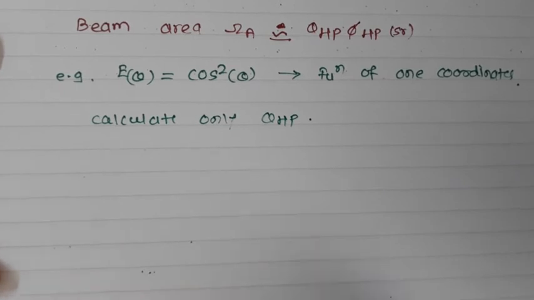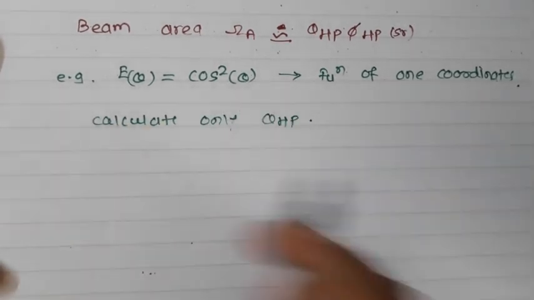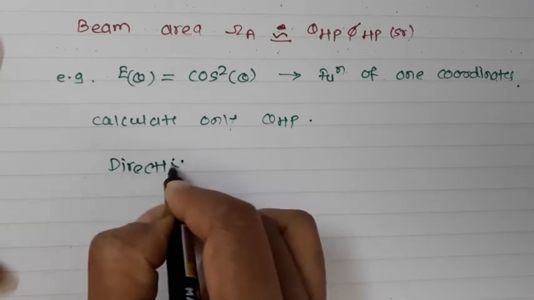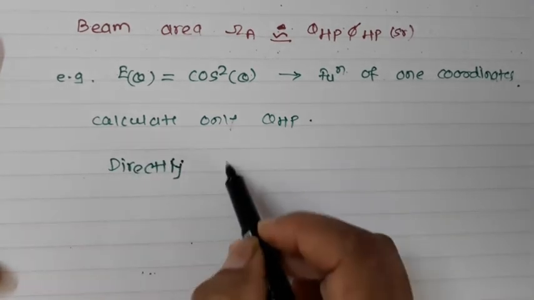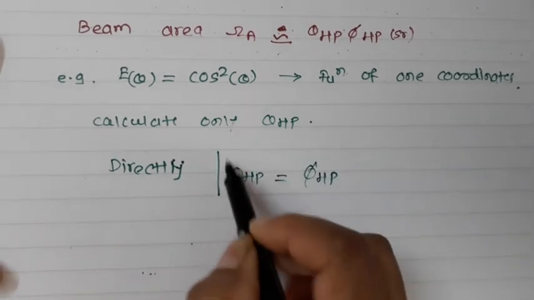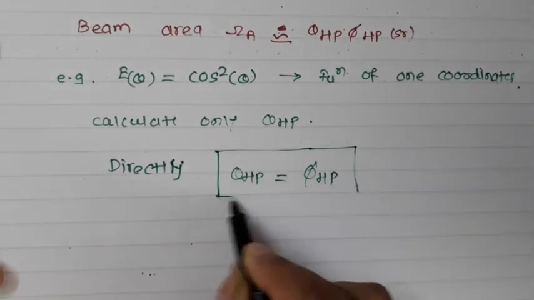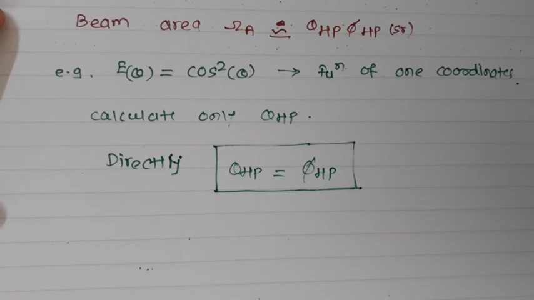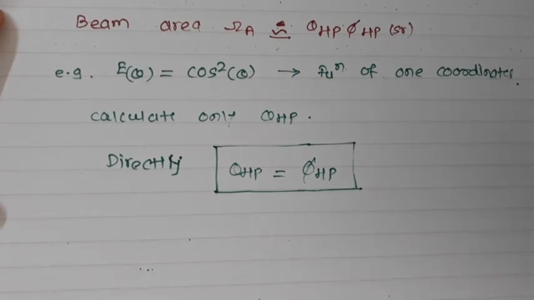If it is not given, then you can directly write that theta half power beam width is equal to phi half power beam width if the field is a function of only one coordinate. So this is nothing but the beam area in terms of the half power angles.